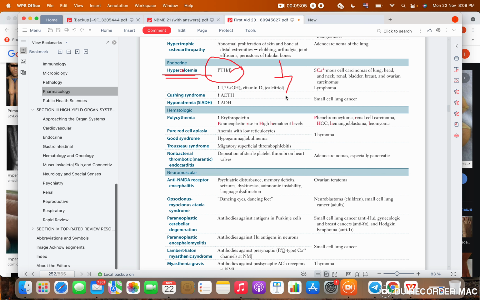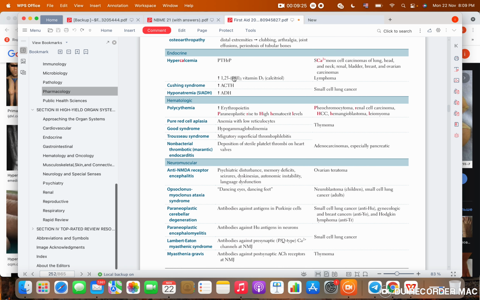It will be really low, okay? Because the hypercalcemia leads to a feedback mechanism which inhibits the PTH. You are like, but it's written here PTH related peptide is high. Yeah, it's a related peptide. It acts on the same receptor, but it's not the same hormone, it's different.